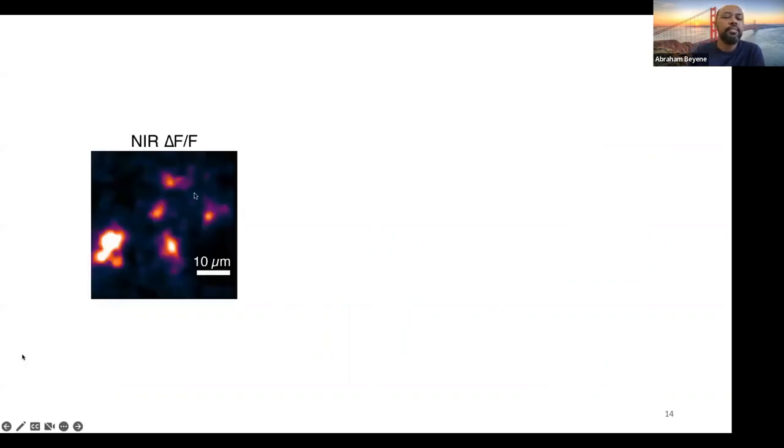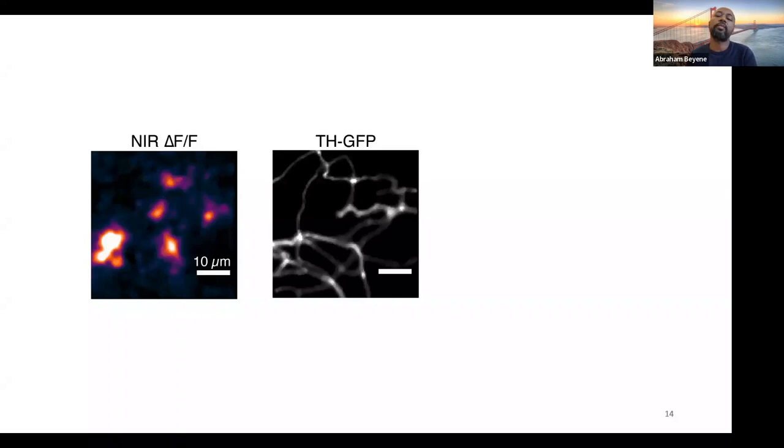And to make that point clear, I'm going to go back to this NIR image that I brought up a couple of slides ago, and try to make this really important point, which is, what exactly is the utility of imaging at a subcellular level? What is some new biology that you might be able to find in going about imaging in this manner? So here is the NIR image. Here is the corresponding TH-GFP image. These GFP images have these so-called varicosities.